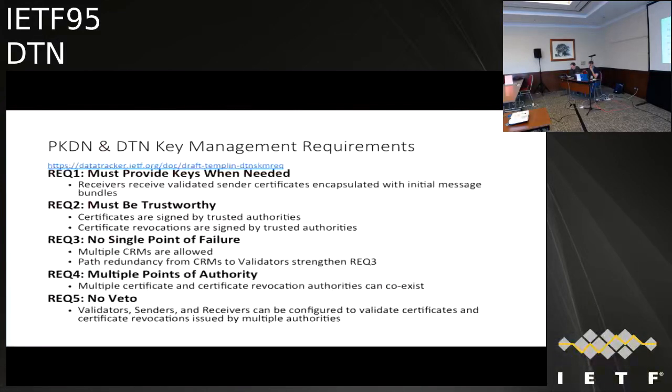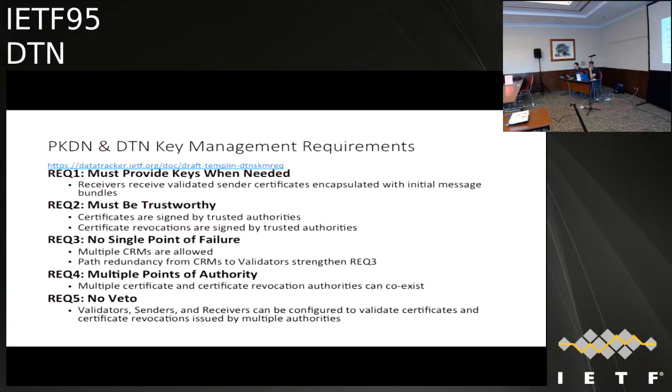And the 5th requirement is no veto. Again, this goes with requirement 4. The validators, senders, and receivers are all configured to make their own local decisions. This is unlike OCSP, where the decision to accept or reject a certificate is made by a central certificate authority on behalf of any browser in the world. Whereas over here, the validators, senders, and receivers make their own local decisions. So there is no veto.